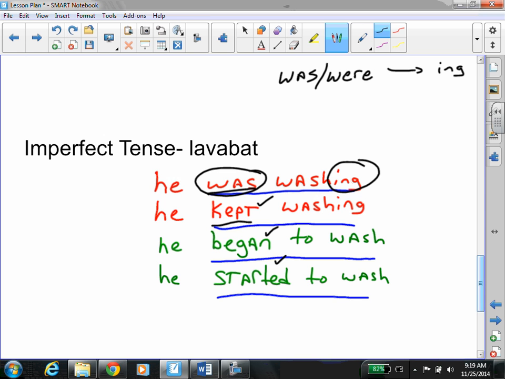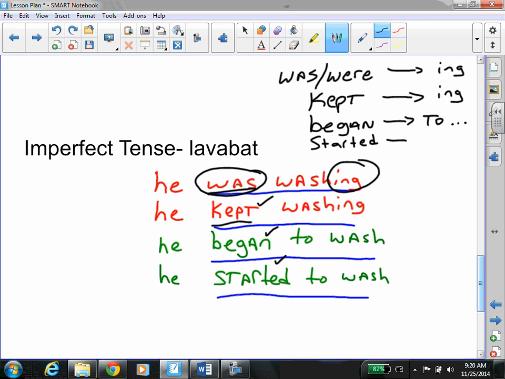The other way is the kept, so we could use kept plus the ing. We could use began plus the infinitive form, to whatever it is, and then he started. So started with to whatever the verb is.